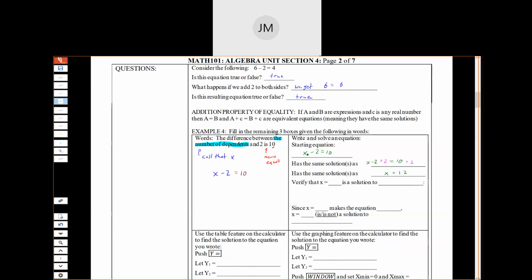So x minus 2 equals 10 has the same solution as x equals 12. And there I can just see I'm done, right? That's my x value.